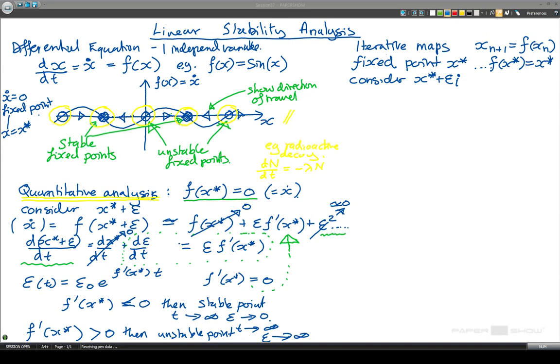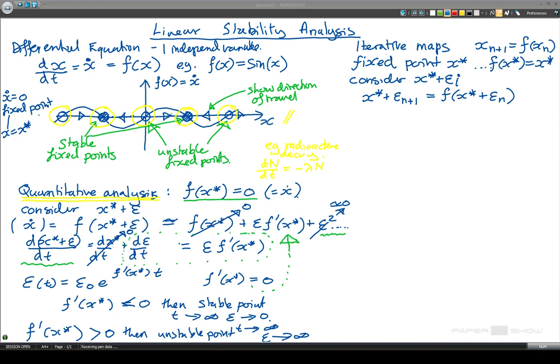Actually, I'm going to use n. If we have x star plus epsilon n plus 1, we can find the value because it's equal to f of x star plus epsilon n.